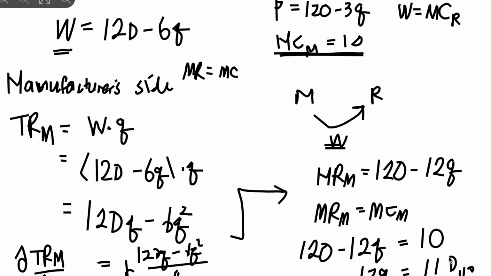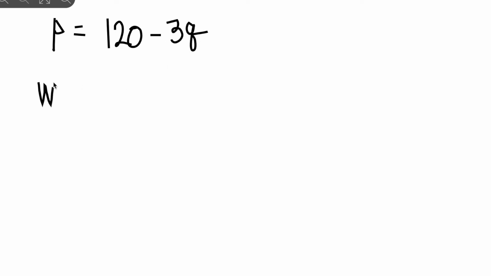Okay, so moving on. So now we get what? Now we get P equals 120 minus 3Q. We got W equals 120 minus 6Q.